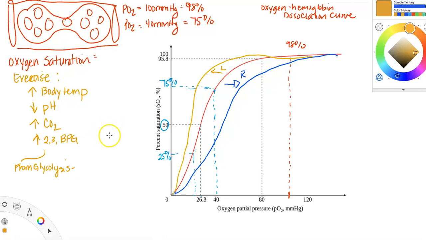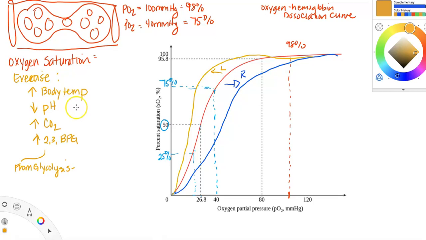What it does is it sort of does the same as CO2 or being more acidic. So when it accumulates in the plasma, it causes the curve to move to the right as well as these things.